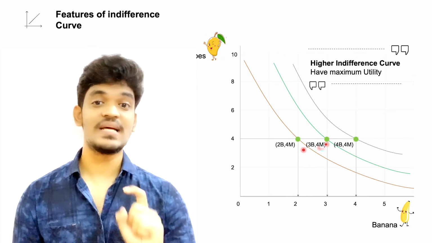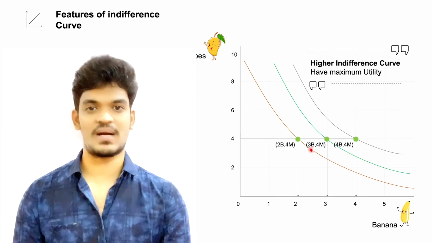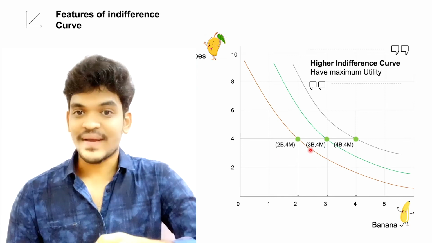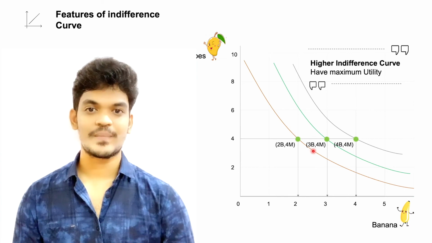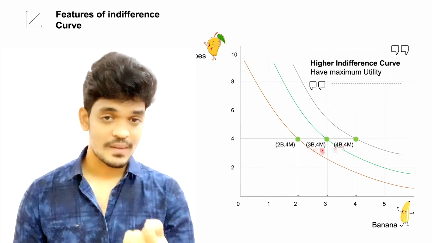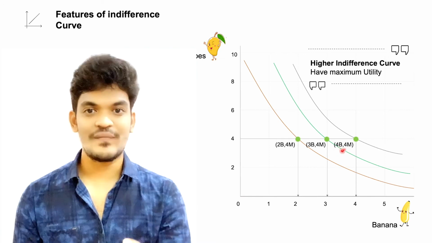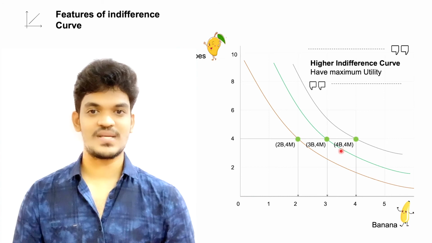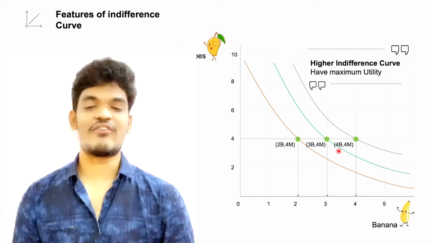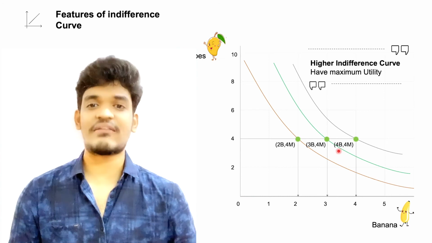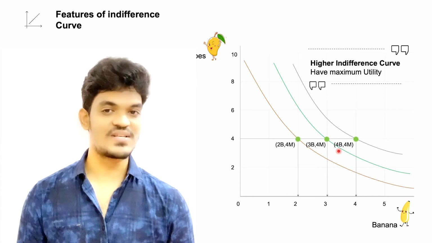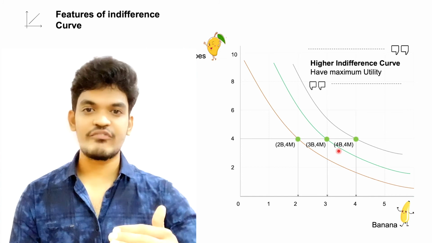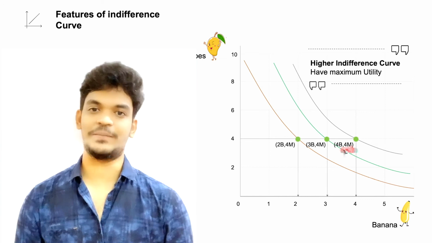At the second point, you're getting 3 bananas, which means you're getting an extra banana, so your satisfaction level is also higher. At the third point, you're getting 4 bananas, more than in the previous combination. Of course, if you're getting more bananas, you will definitely be more satisfied. So that's the reason a higher indifference curve has higher utility.